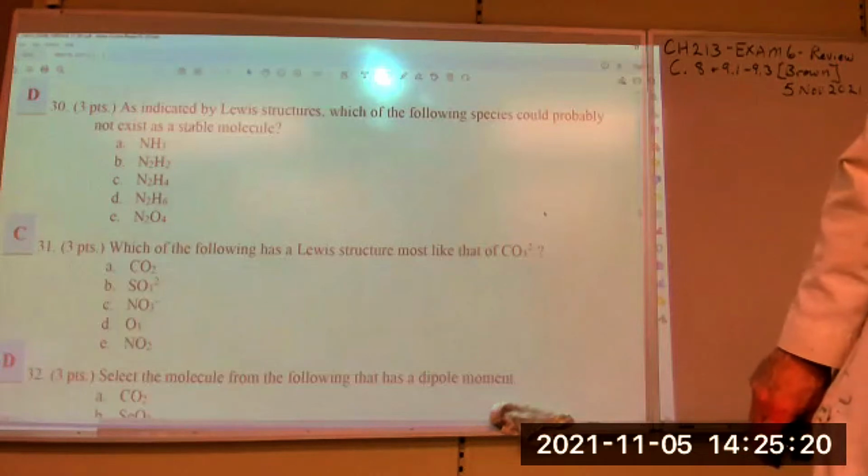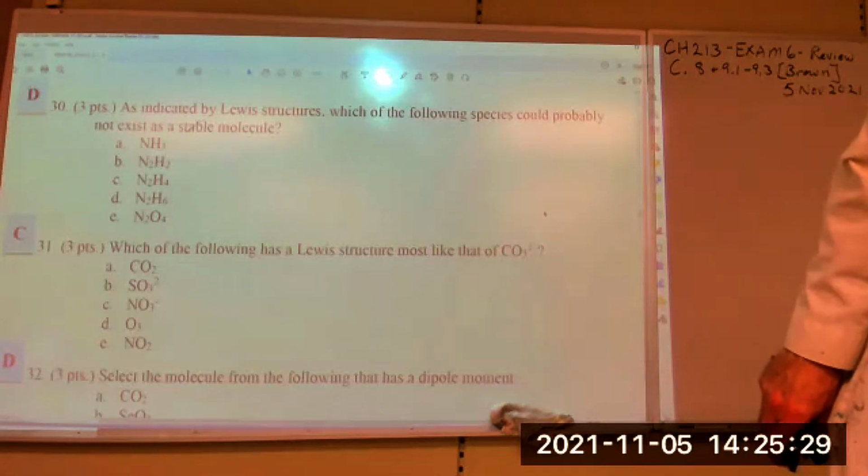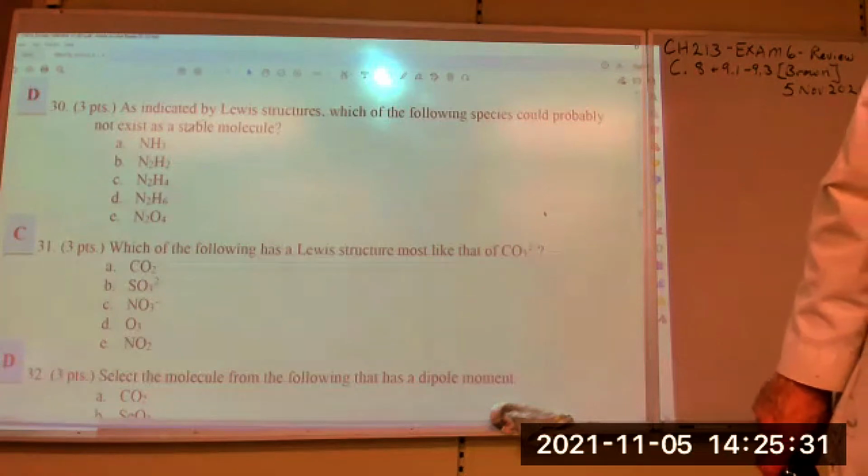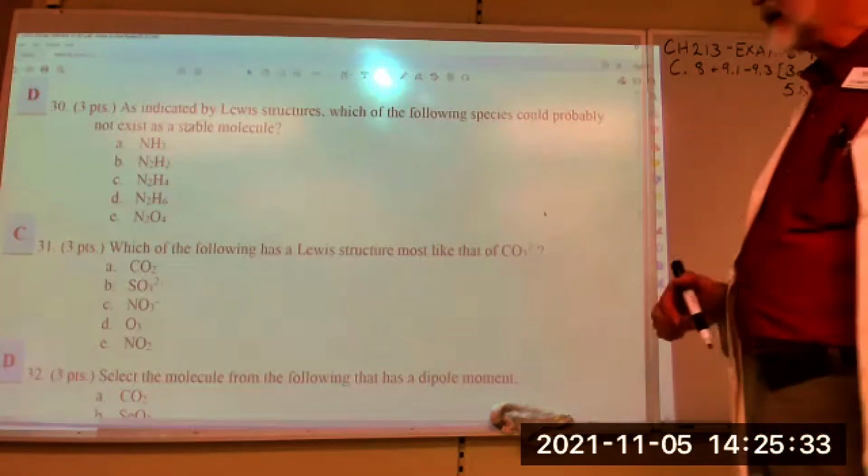It doesn't need a triple bond, it needs a double bond. Okay, that one works. N2H6 would exceed the octet.